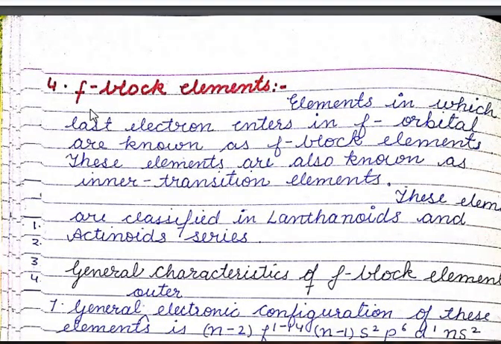Next, F block elements. Elements in which the last electron enters the f orbital are known as f block elements. These elements are also known as inner transition elements. These elements are classified as lanthanoids and actinoids series.